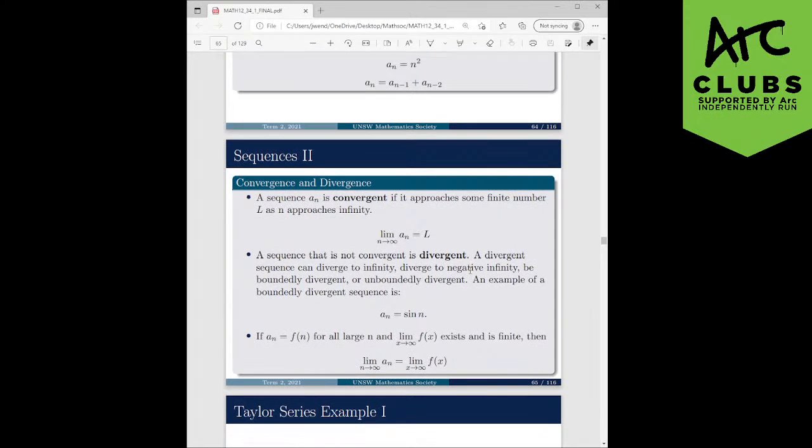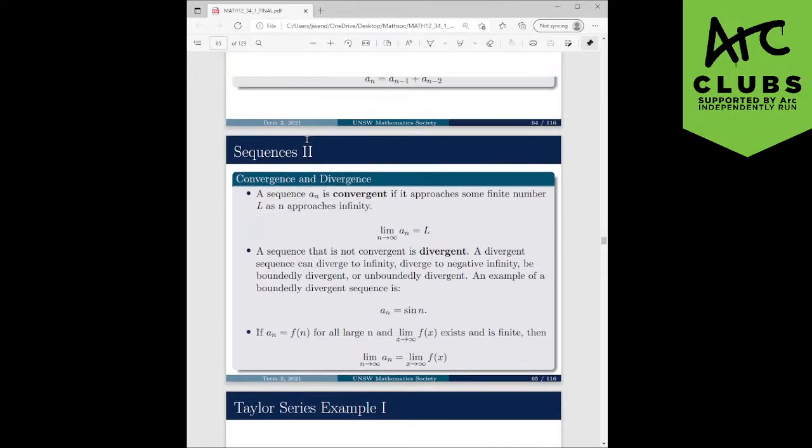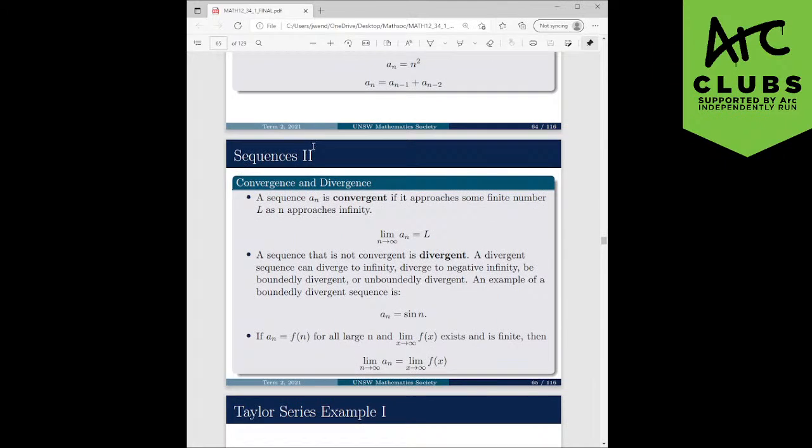The major thing we're going to do with sequences is convergence and divergence. Say you have that square number sequence, 1, 4, 9, 16, and you wonder, is this convergent or divergent? You can tell what they mean by their name.